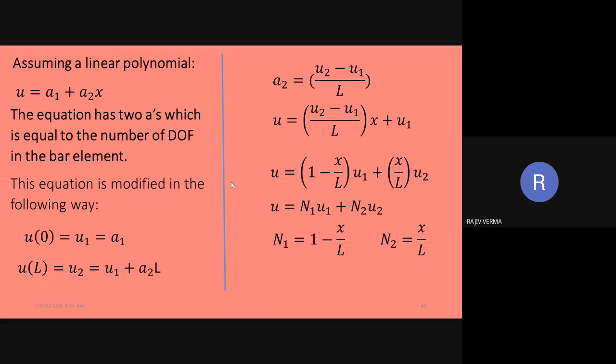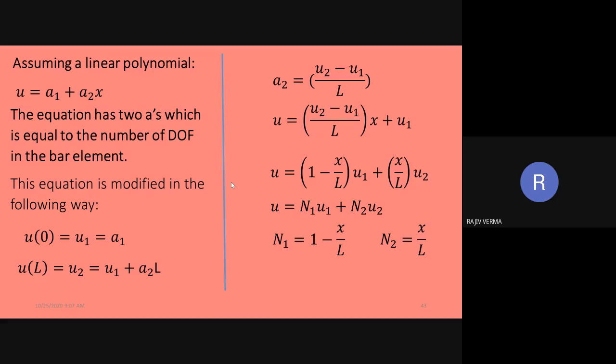Please notice that n1 and n2 both happen to be linear functions of x, because we don't have any powers of x in these two expressions. This is because we started with a linear polynomial, u is equal to a1 plus a2 x, and we end with another form of linear polynomial. Both expressions are basically the same.